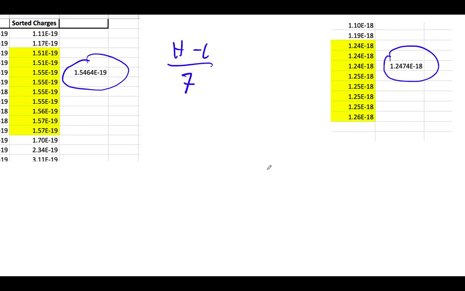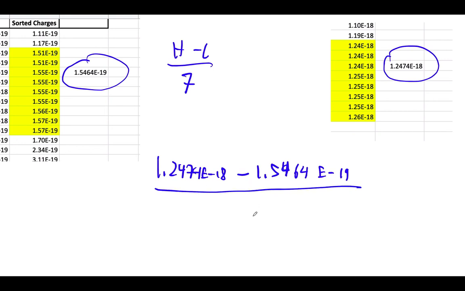Okay, so my high is 1.2474 E minus 18 minus 1.5464 E minus 19, and we're going to divide that by 7.